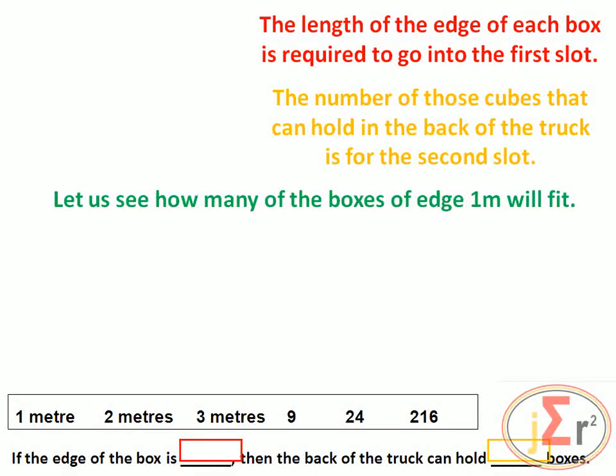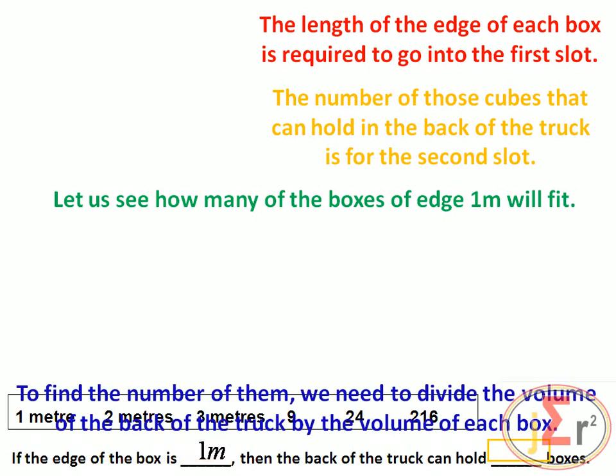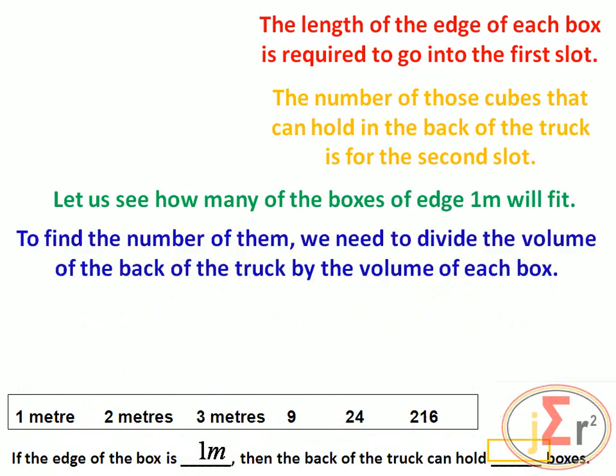Let us see how many of the boxes of edge 1 meter will fit in the back of the truck. To find the number of them, we need to divide the volume of the back of the truck by the volume of each box.